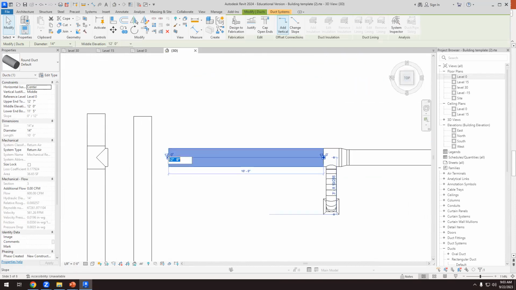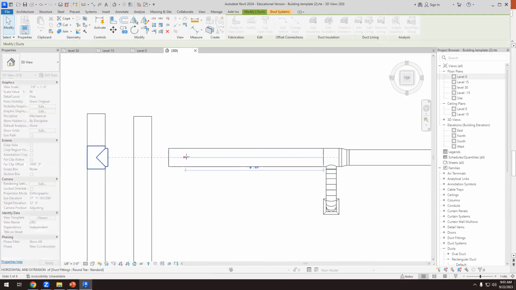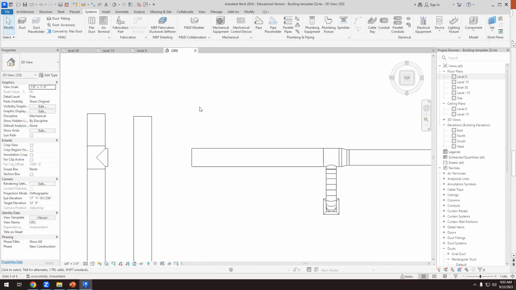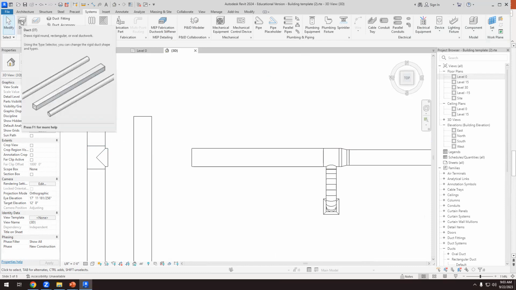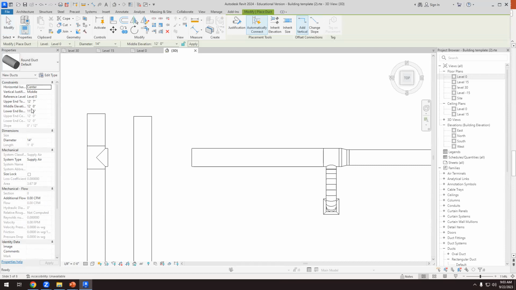So I'm going to move it here. And I have to go down. How can I do it? I'm thinking, okay, I don't know if it will work or not. So we have this middle elevation.